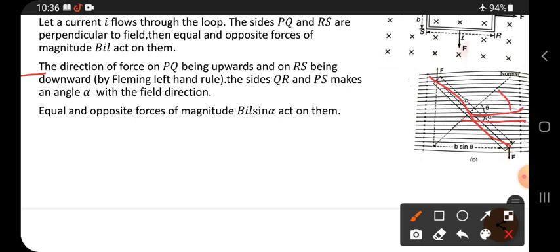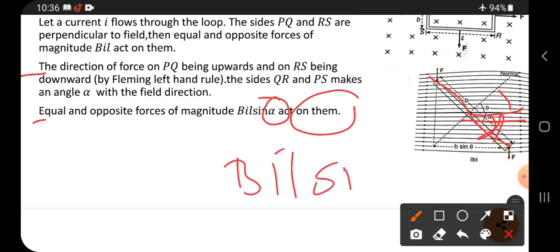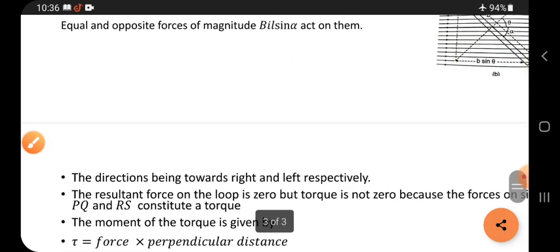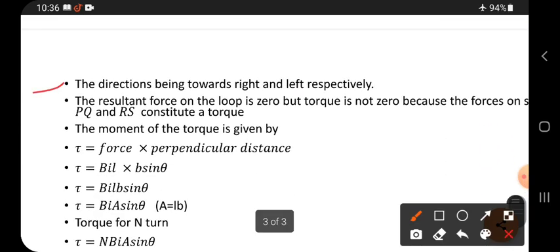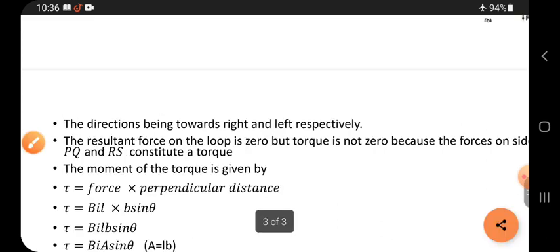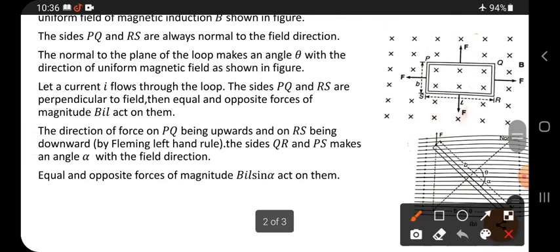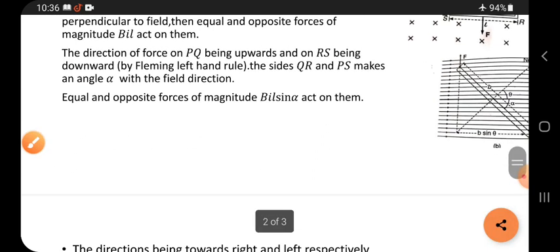The direction of force on PQ is upward and on RS is downward, right? Equal and opposite forces of magnitude BIb sin alpha act on them. The direction is towards right and left respectively, so like this, on the sides QR and PS.